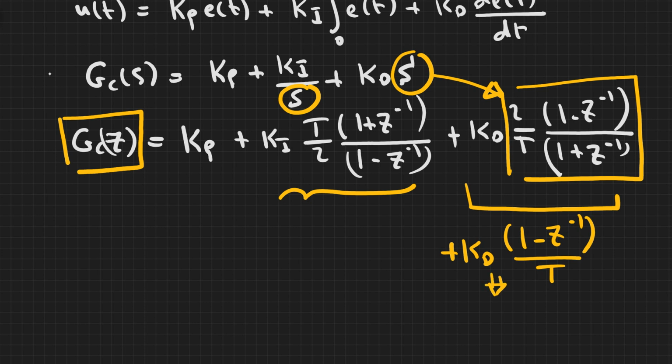If you obtain the difference equation here, you'll find that it's E of k minus E of k minus 1 divided by T, and then multiplied by Kd. So this is just the first order differentiation. So you can either use the bilinear transform, or you can approximate the derivative by the first order differentiation and keep this one as is.